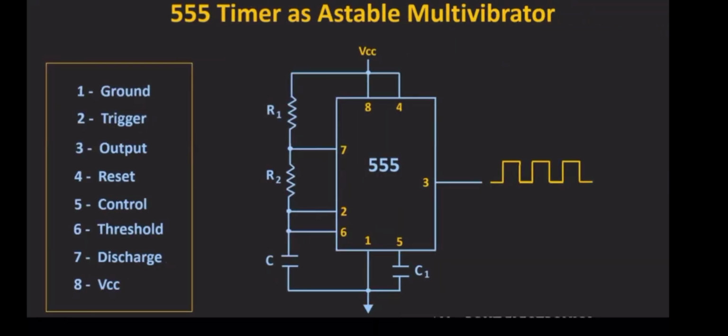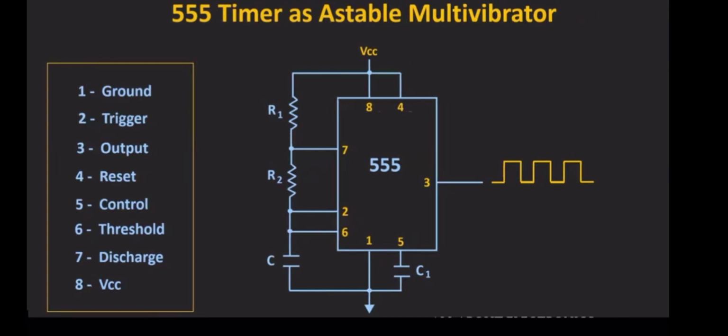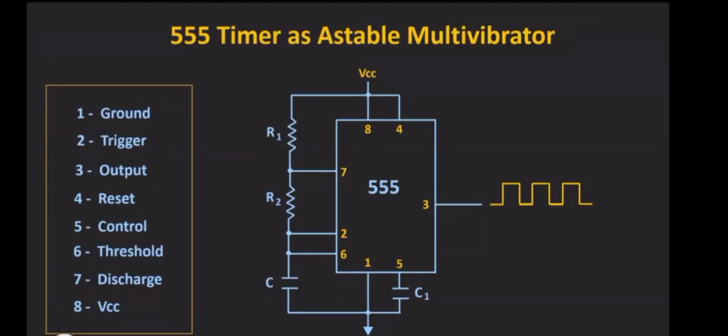So take heading as an astable multivibrator and copy down this circuit diagram. So you can see here pin number 2 is directly connected in this. So in astable mode of operation, it is used as a free running oscillator.